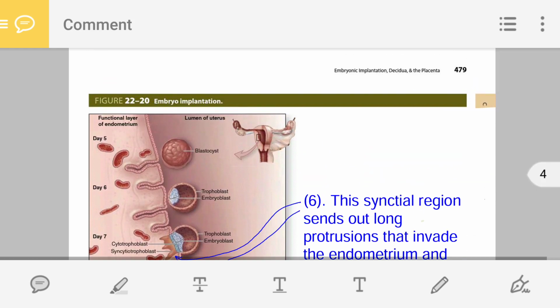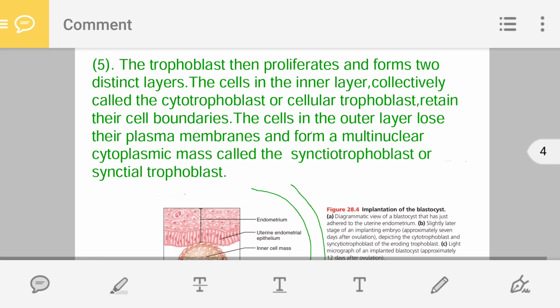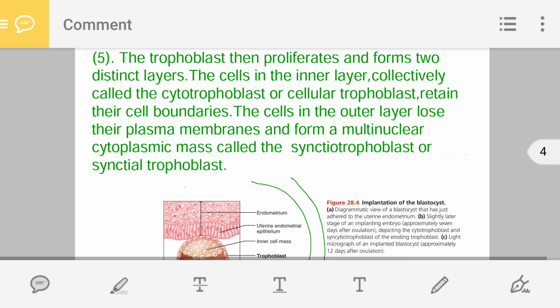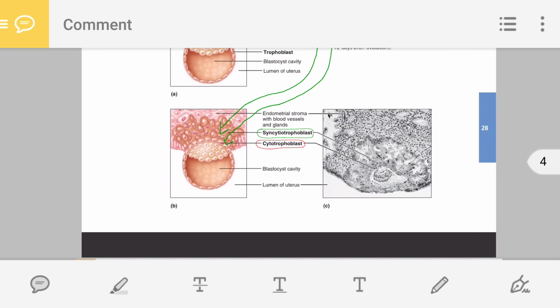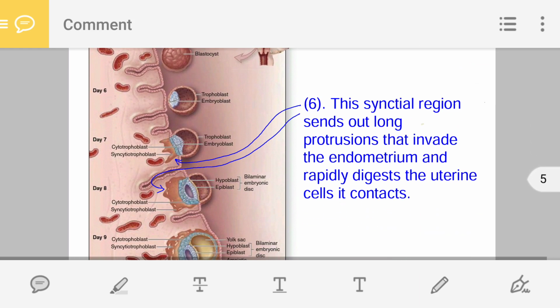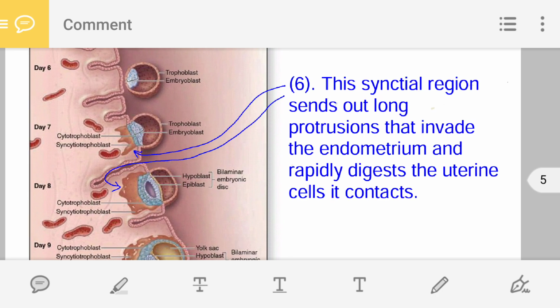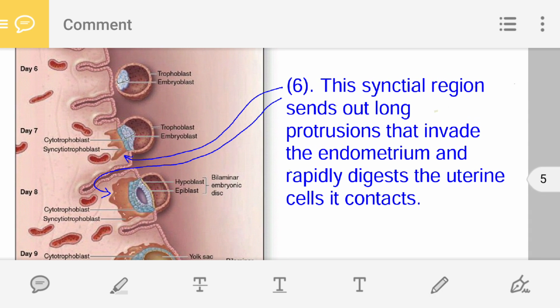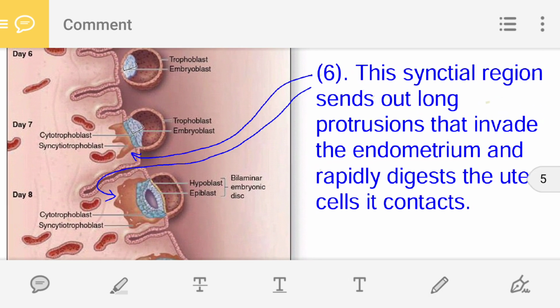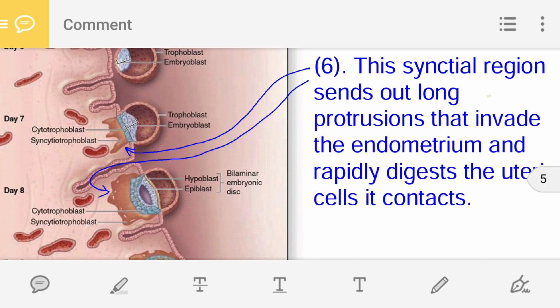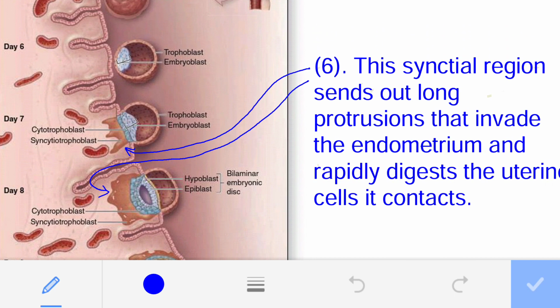So we were on point number 5. Now we are moving on to point number 6. Now you see what is happening. Focus on this syncytial region. I am showing you in the figure also. Can you see this?